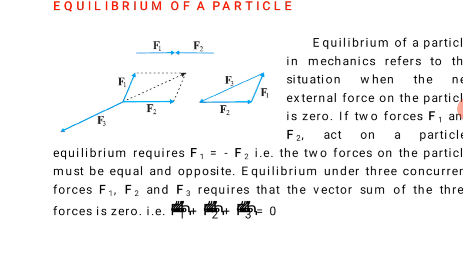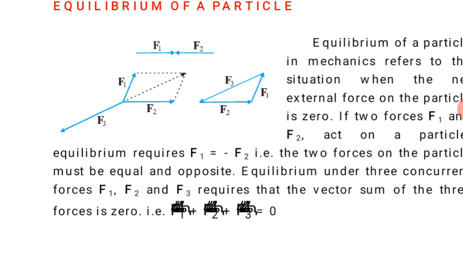That third force must be equal to the vector sum of these two forces, that is vector F1 plus vector F2, in the opposite direction, because the diagonal gives the vector F1 plus F2. So you have to extend the diagonal in the opposite direction. That diagonal, having the same length, gives the magnitude and direction of the resultant of the two vectors.